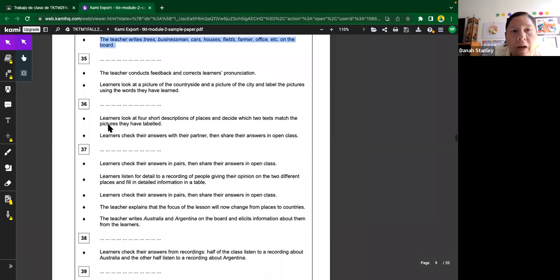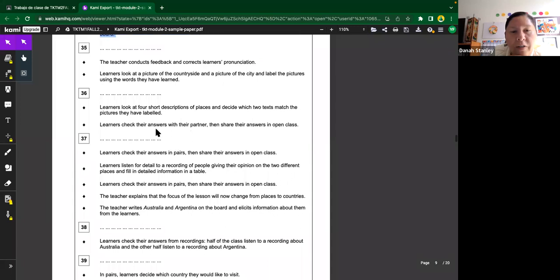Then, gap. Learners look at 4 short descriptions of places and decide which 2 texts match the pictures they have labeled. Learners check the answers with their partner, then share their answers in open class. Gap.